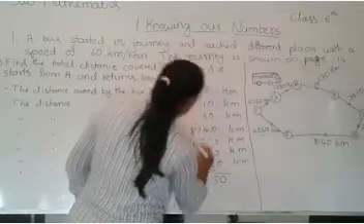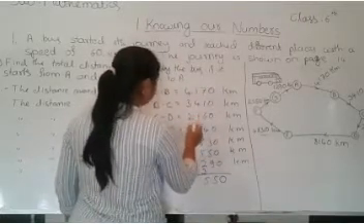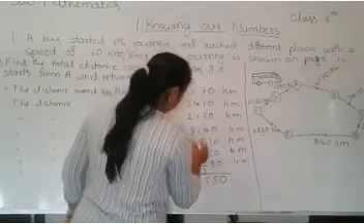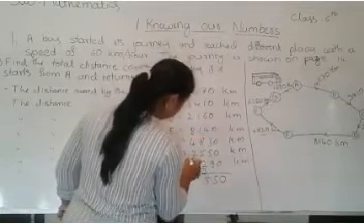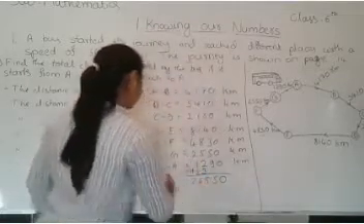Yes, then 4 plus 3, 7, 7 plus 2 is 9, 17, 26.